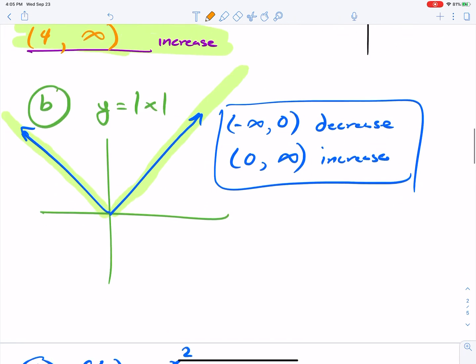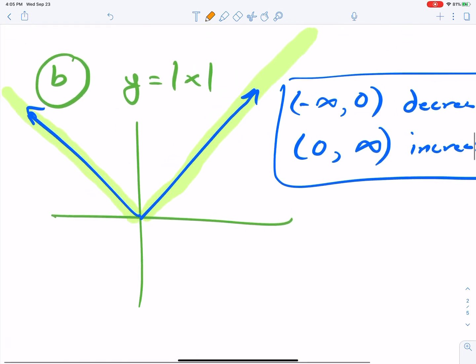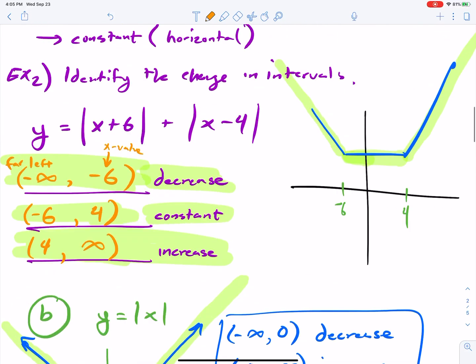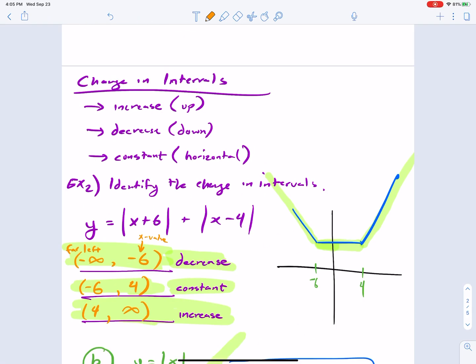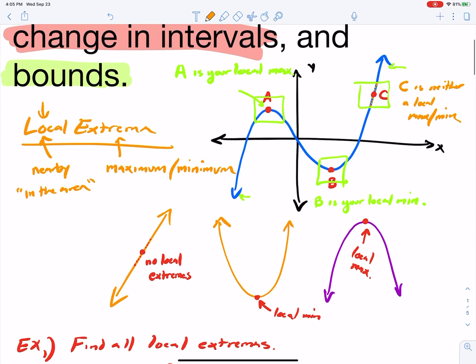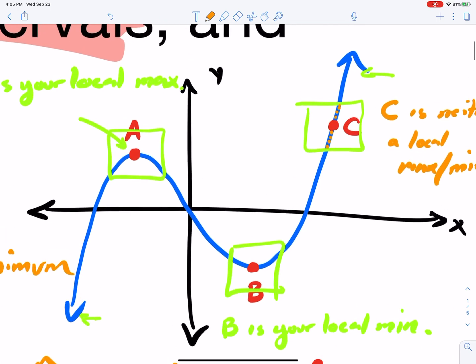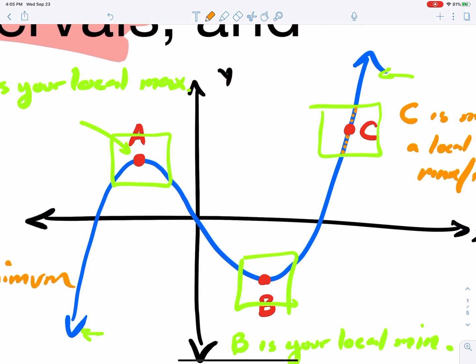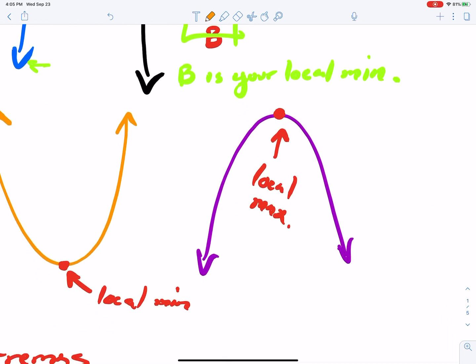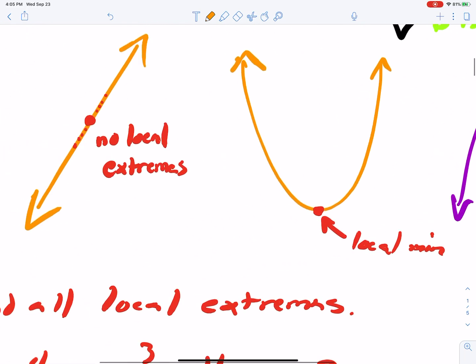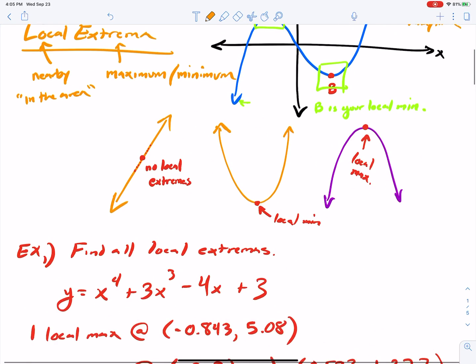This graph right here is definitely bounded below because there's only so far that you can go down. This graph here is also bounded below. Okay, hopefully you guys get my drift here. This blue function right here is not bounded. This purple parabola is bounded above. You see enough, then you'll be able to recognize it, okay?